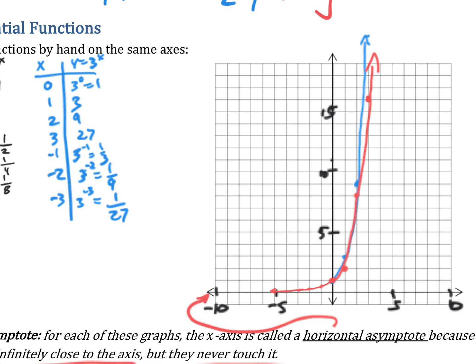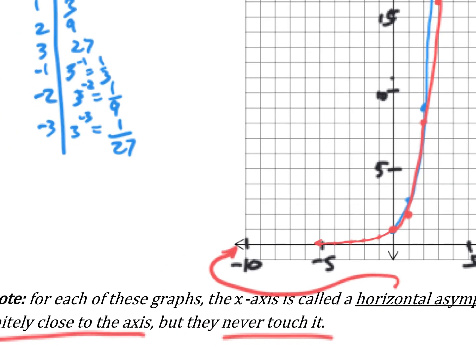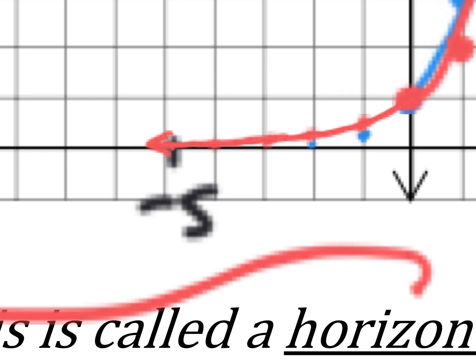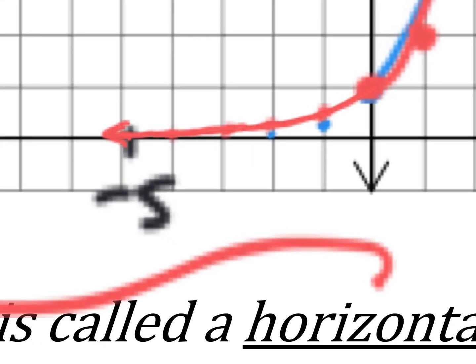And what's happening down on the bottom? Negative 1 gives us 1/3, which is less than a half. Negative 2 gives us 1/9, which is lower. Again, we're cutting it down by a third every time.